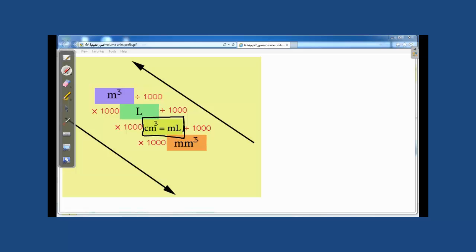So if you have 5 cubic centimeters, it is the same as 5 milliliters. Try to remember this figure, this order of these units. You will find it easy to convert between any volume unit and the other. Let us do some examples on that.